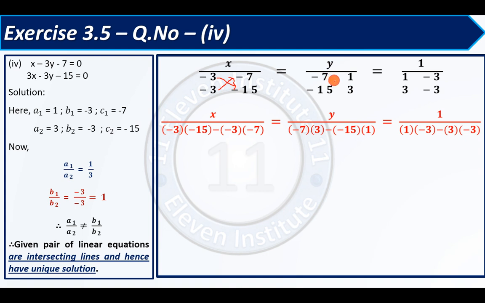Moving ahead, minus 7 into 3, you can see over here, minus 15 into 1. Right? Again moving ahead, 1 into minus 3 and 3 into minus 3. Right? So if you write this minus previously, you don't have to worry about everything else. You have to just multiply them.